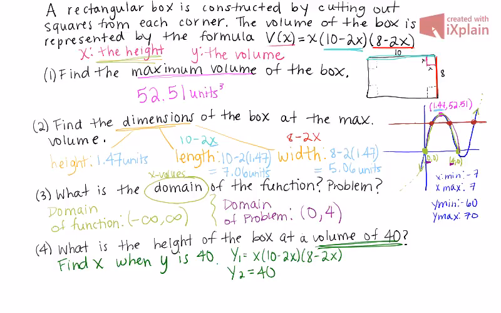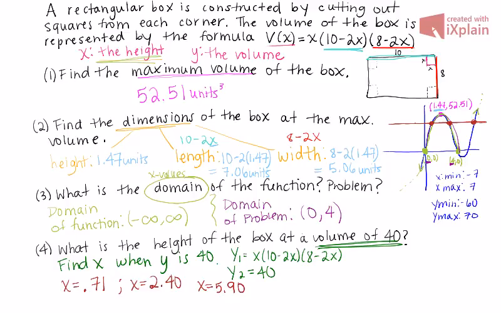And when I do that, I get x equals 0.71. I get x equals 2.40, and I get x equals 5.90. So these are all x values, so in order to make sure that they work for this problem, I have to make sure that they are all in the domain.